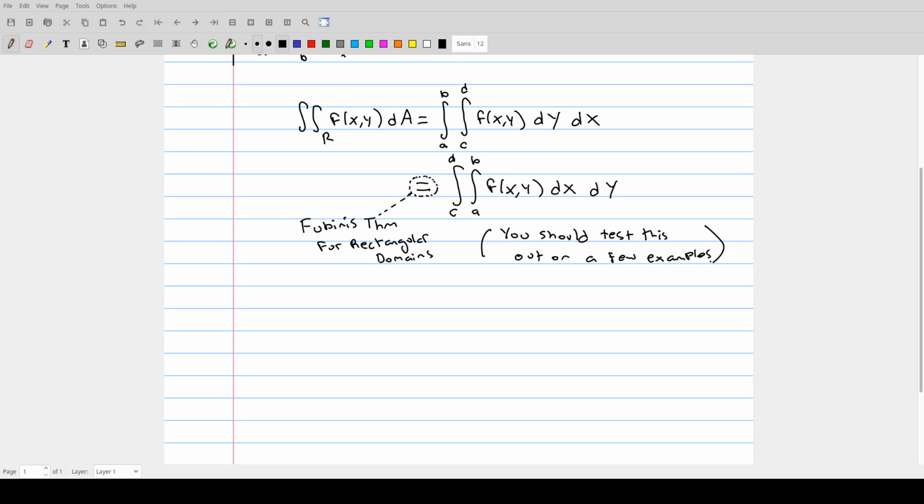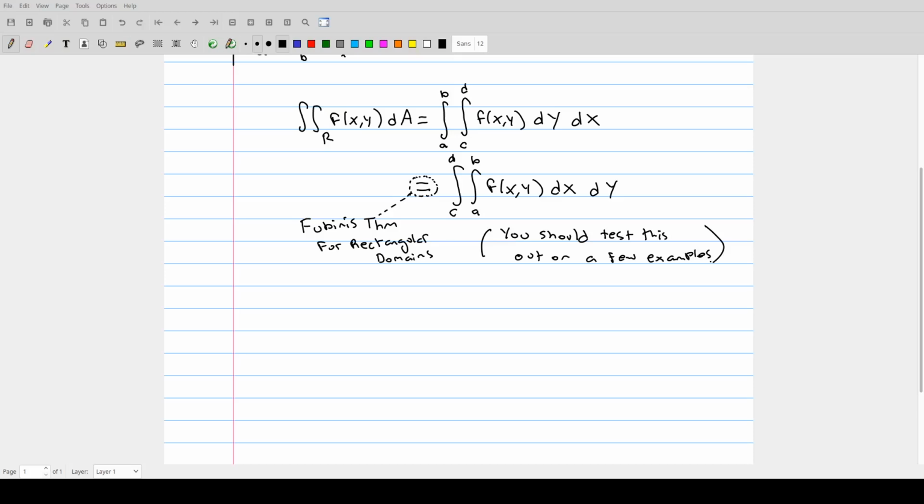For instance, you can take any of the WeBWorK problems 1 to 5. Each one of those, I believe, has a rectangular domain, and if you switch the order of integration, you should get the same value for the answer that you got when you did the opposite order, the y dy dx order.